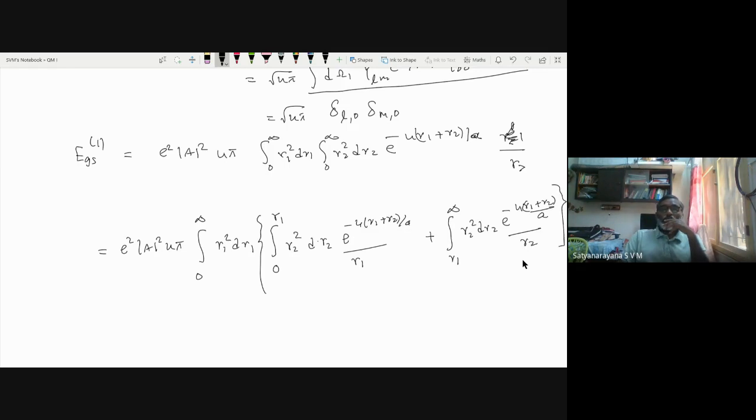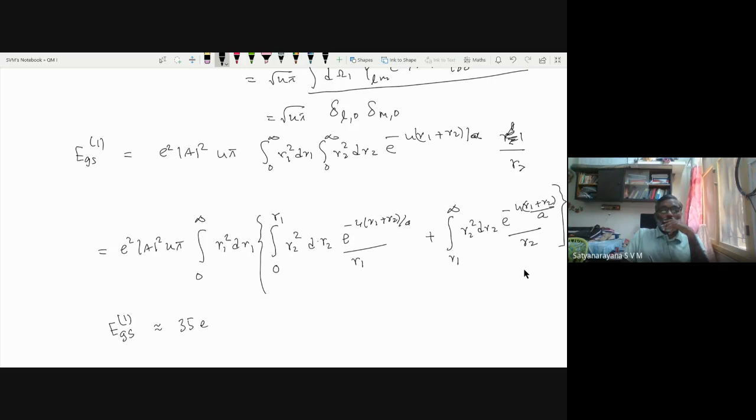So like this, if I do and then try to do these integrals, I will get the first order correction in the energy. So I will recommend you to do this integral. You may have to do 1 or 2 times integration by parts to solve this integral.